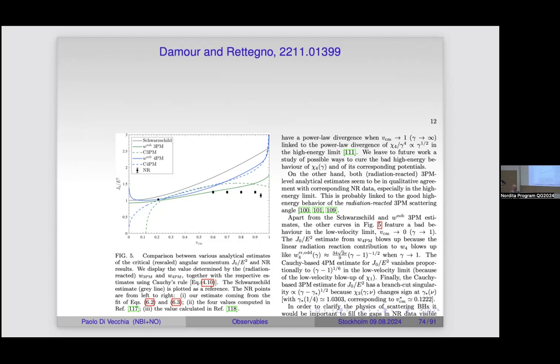What goes into these amplitudes are essentially tree level, and there are loop corrections.